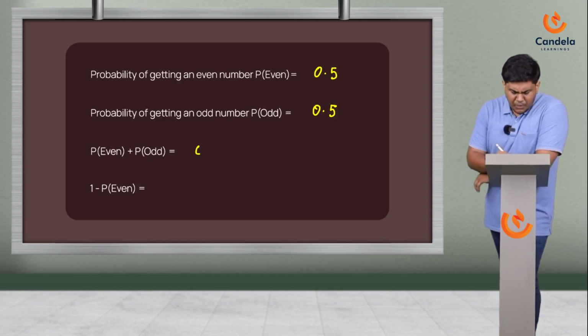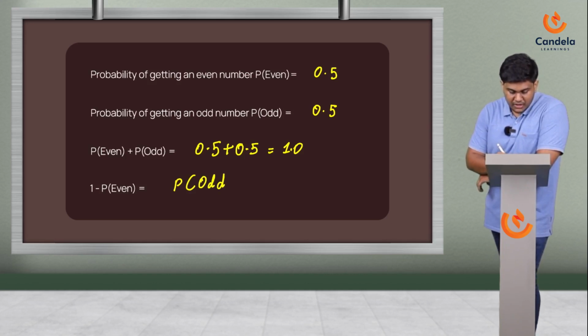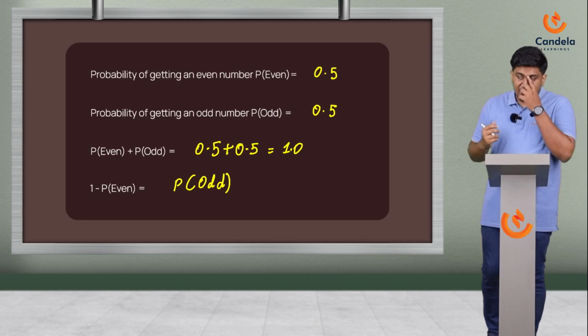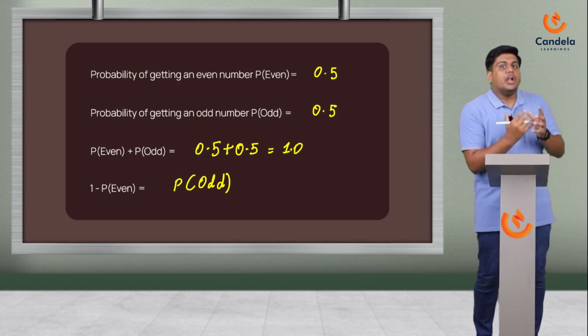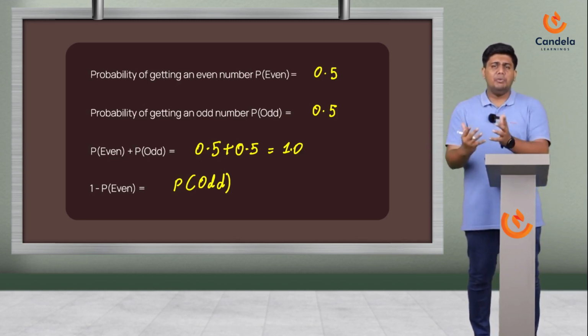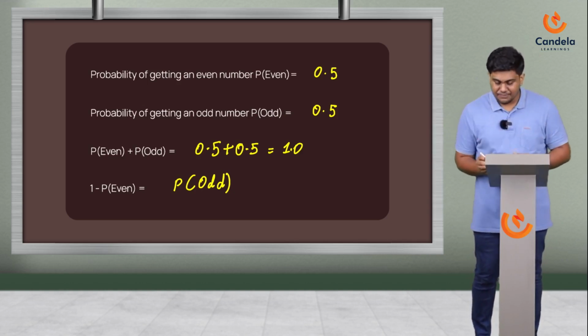So, 0.5 plus 0.5 will be equal to 1.0, which means 1 minus P of even will be P of odd. In other words, odd numbers are kind of the opposite of even numbers.